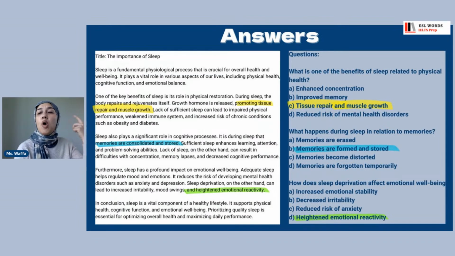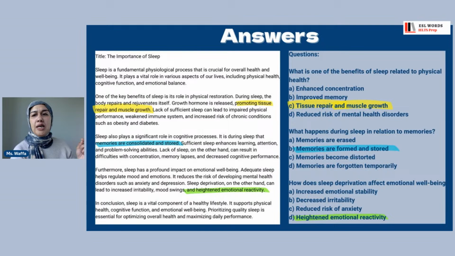Cognitive means what happens to your brain, the process of it, and your memory. So remember this, guys. This is a big hint that the answer would be found in this particular paragraph or sentence. It is during sleep that memories are consolidated and stored.